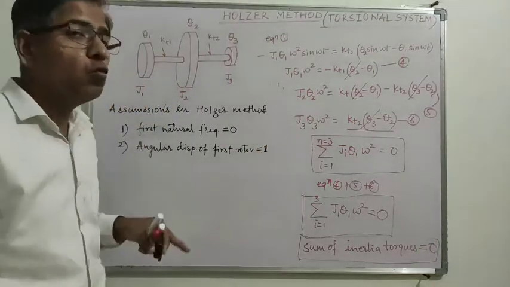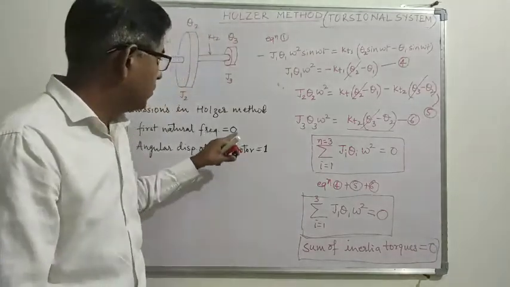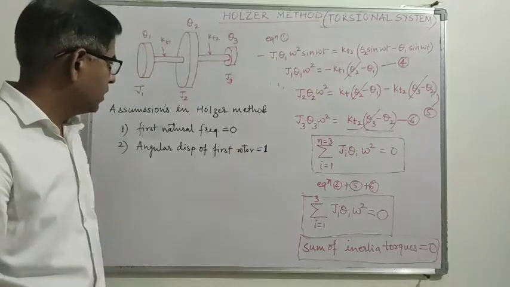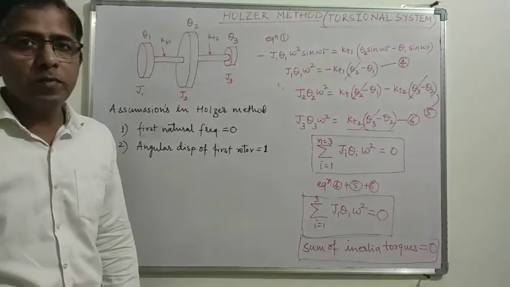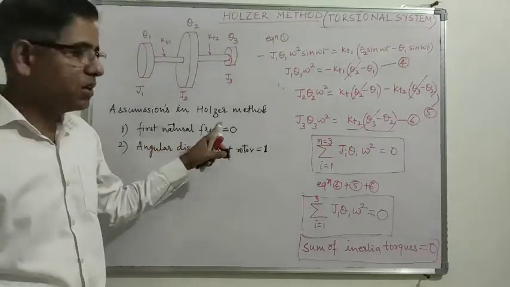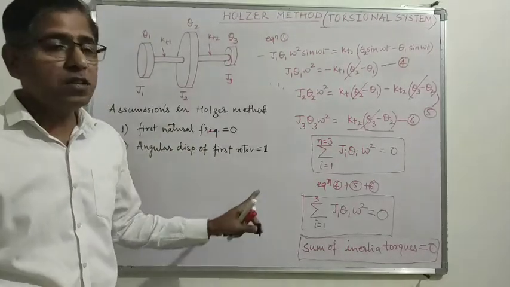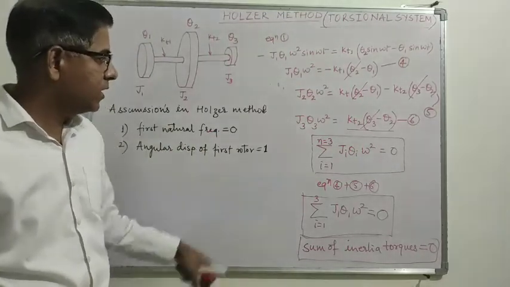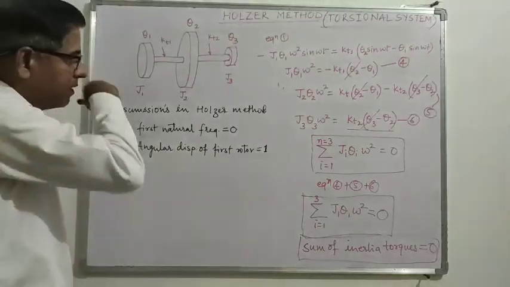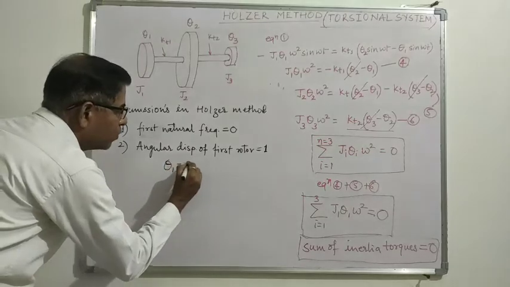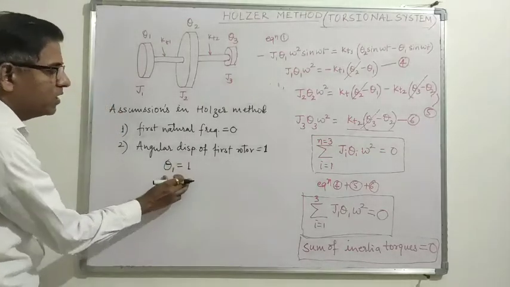So these are the two things that we need to assume in this Holzer method. The first natural frequency is 0 and the angular displacement of the first rotor is 1 unit. So we know that theta 1 is equal to 1, so no issue with theta 1.